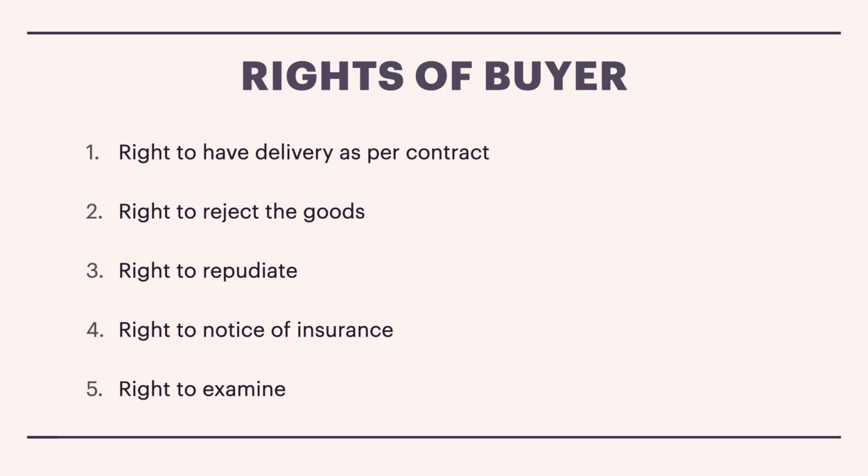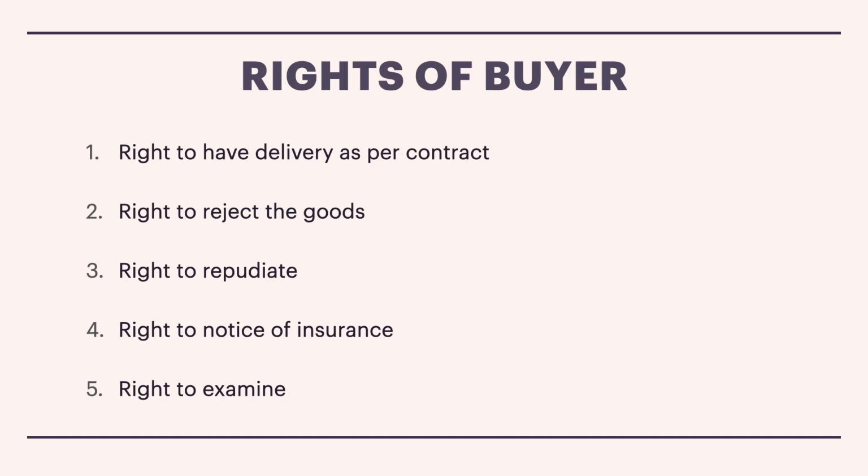On this note, the buyer has the right to repudiate, which means to reject or refuse the entire contract. No, I don't want delivery of goods on an installment basis; instead, I wanted one shot delivery to my godown. Is that clear? That's the right to repudiate.